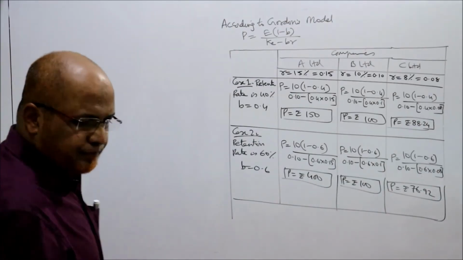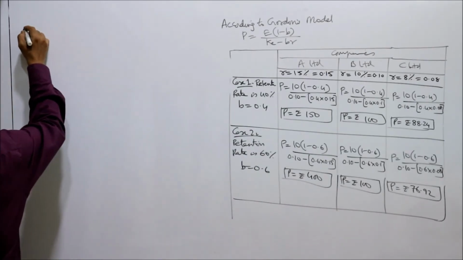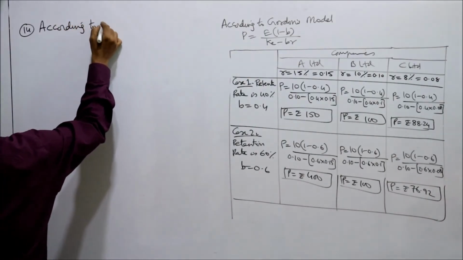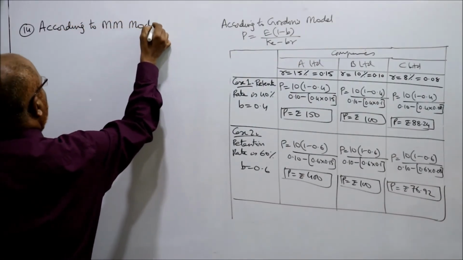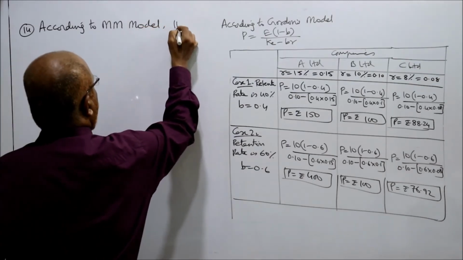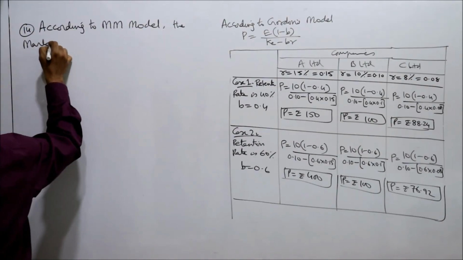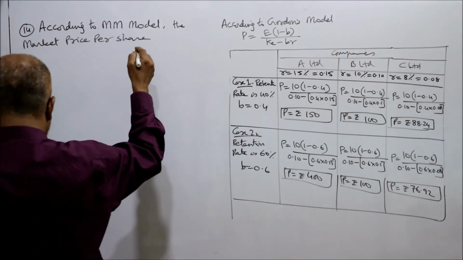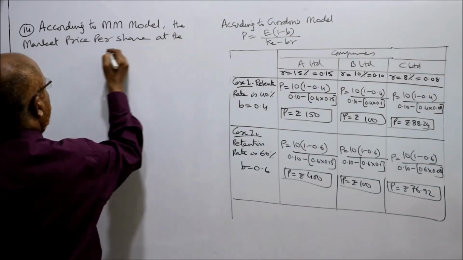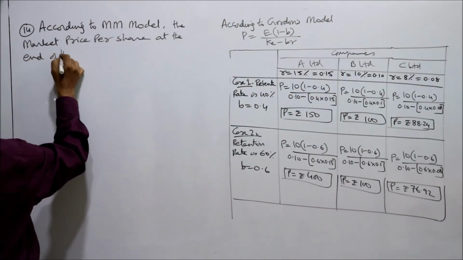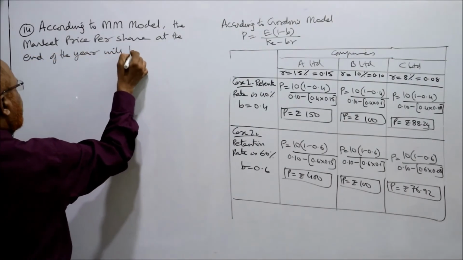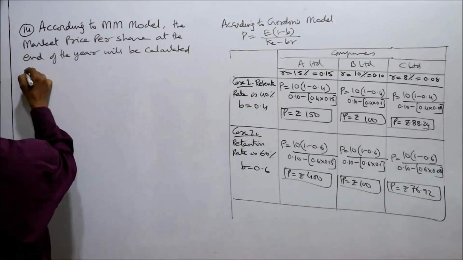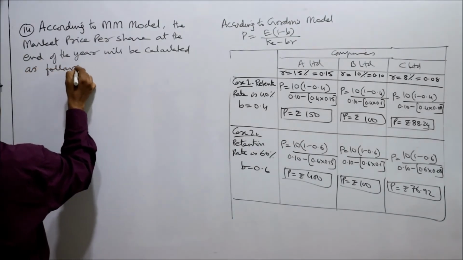So this is problem number 14. According to the Modigliani and Miller model, the market price per share at the end of the year will be calculated as follows.